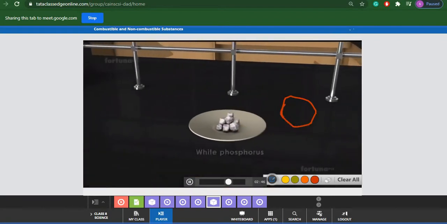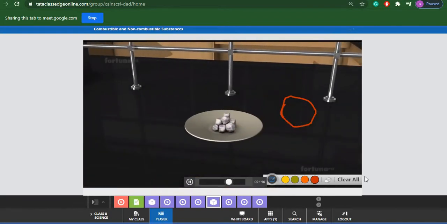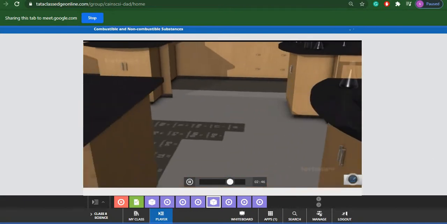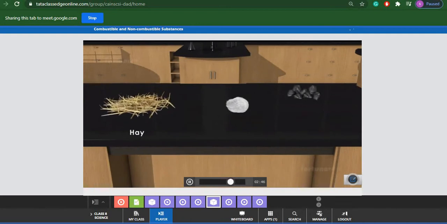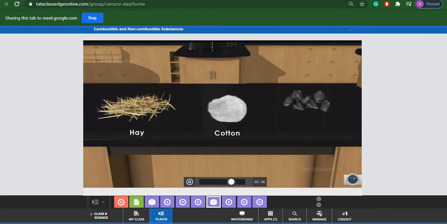Phosphorus left on a plate at room temperature will spontaneously catch fire. Many organic materials such as hay, cotton, and coal can burn due to spontaneous combustion.